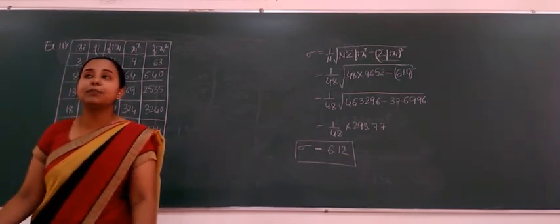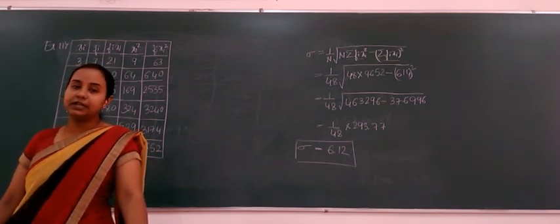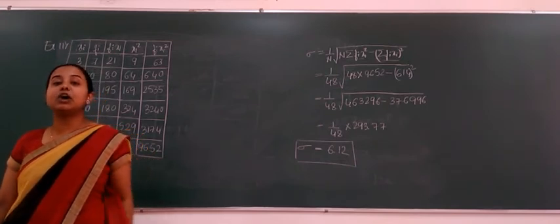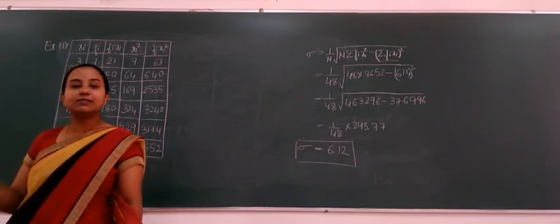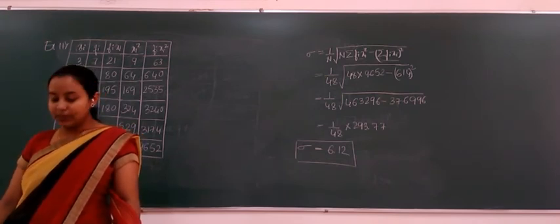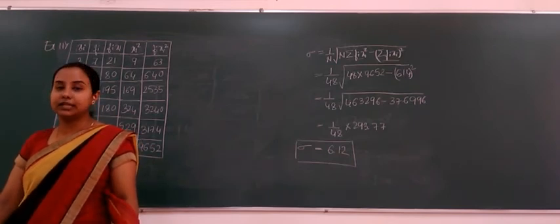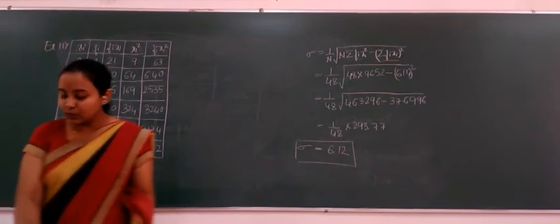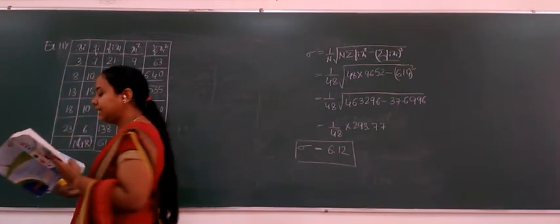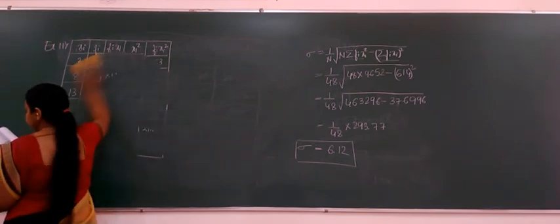In our next problem we will learn about the shortcut method or step deviation method. That is how we have learned the step deviation method in mean deviation about mean. It is similar to that here also. So we will solve our example 12 using the step deviation method. Example 12 says: calculate mean, variance and standard deviation for the following data.